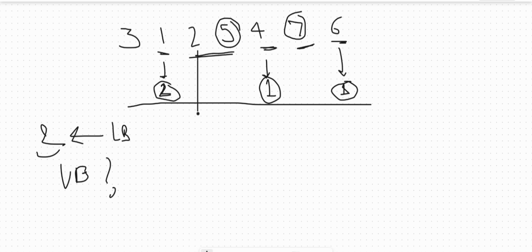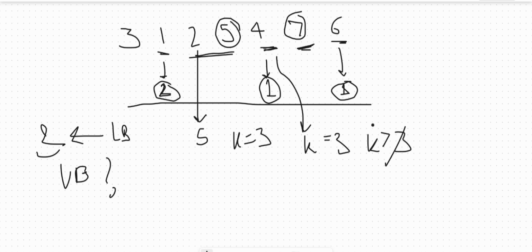This means at max 2 can go up to 5, or we can say that we can take k equals to 3. And similarly here for 6, 7 must not be included. This means that 4 cannot be greater than 7. Again this says that k equals 3 works, but k greater than 3 will not work, right?